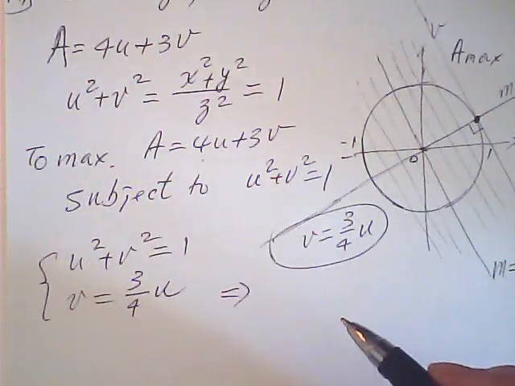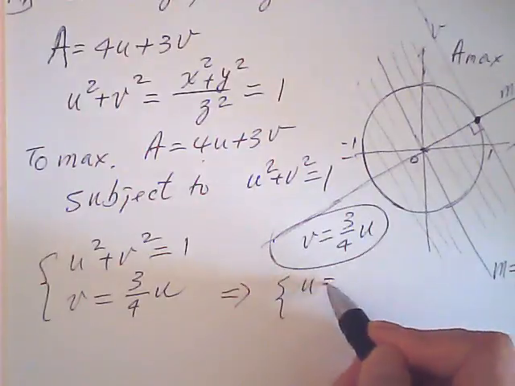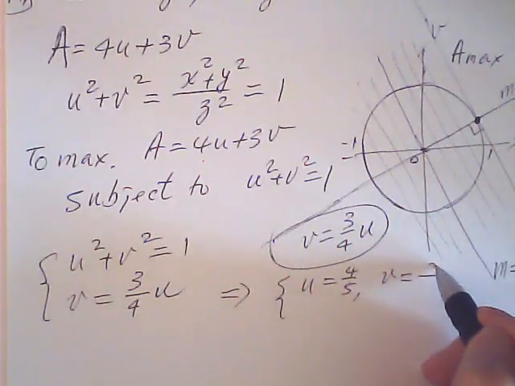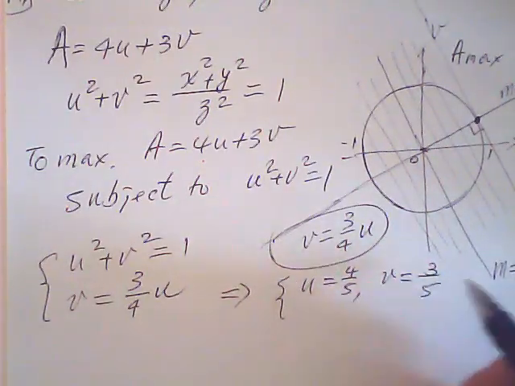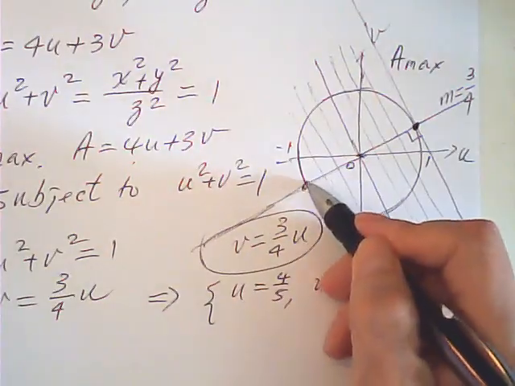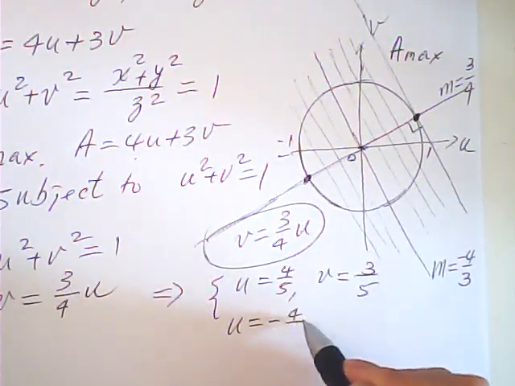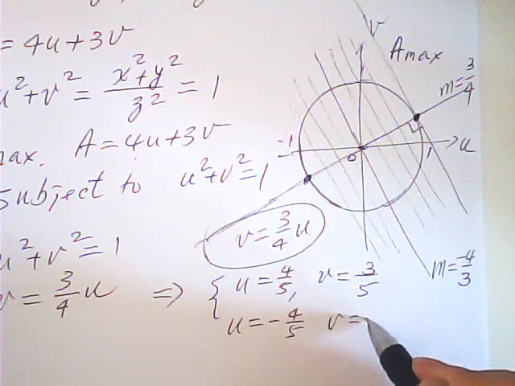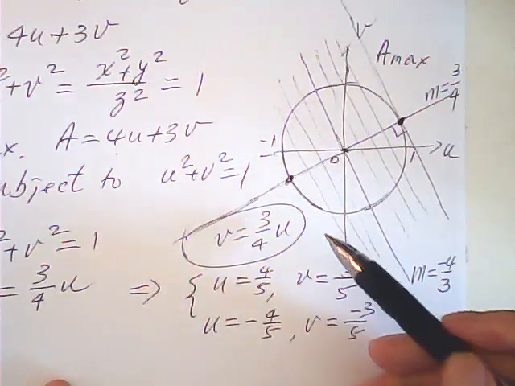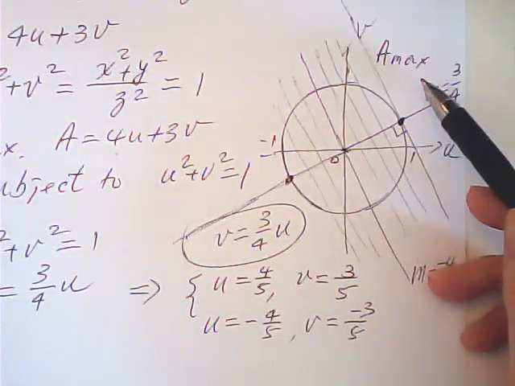And we have two solutions. One is u equals 4 over 5, v is equal to 3 over 5. That is this point. And also this point: u equal to minus 4 over 5, v equal to minus 3 over 5. At this point, it gives the A minimum. This point gives the A maximum.